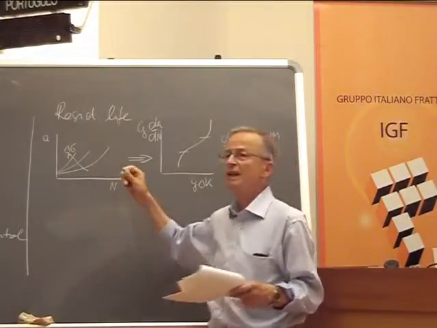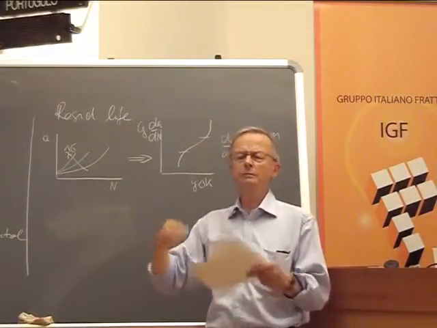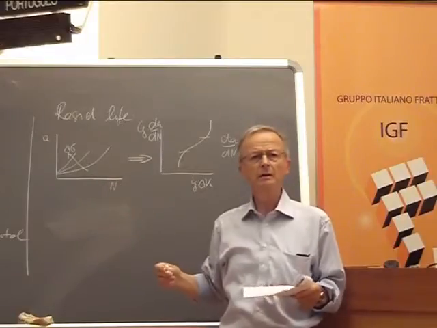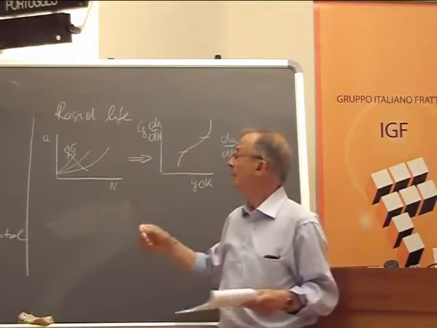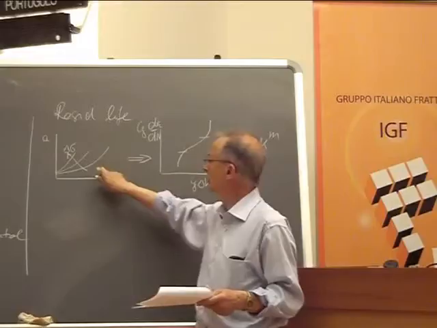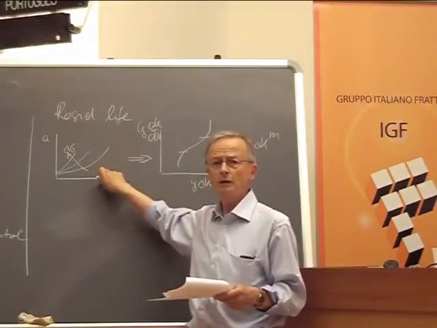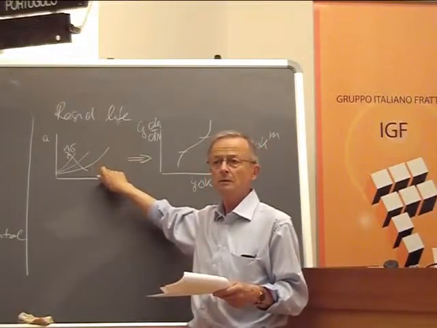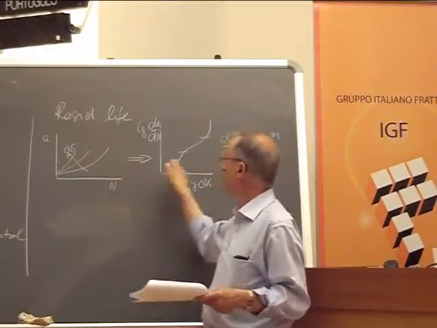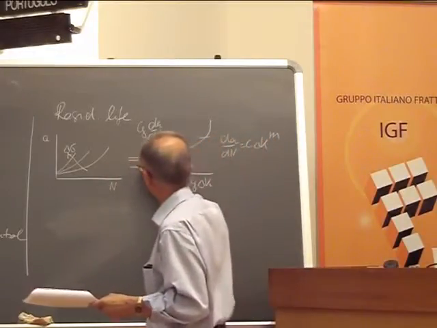We have to, for a given delta sigma, of course, otherwise it would not make sense. In principle, we reconstruct the a-over-N curve. So we go the same way back here.